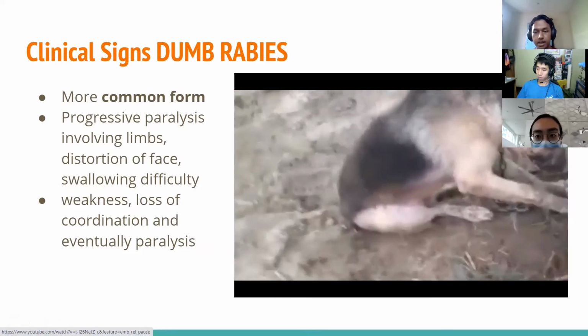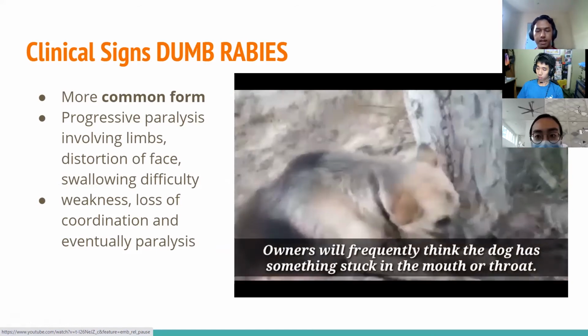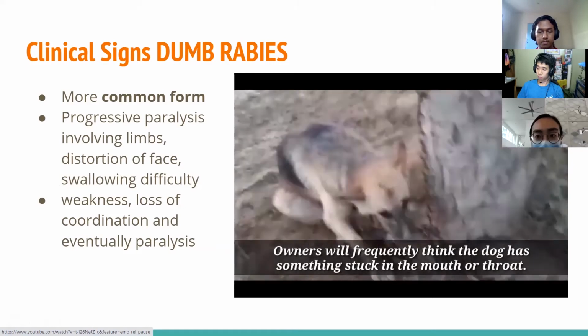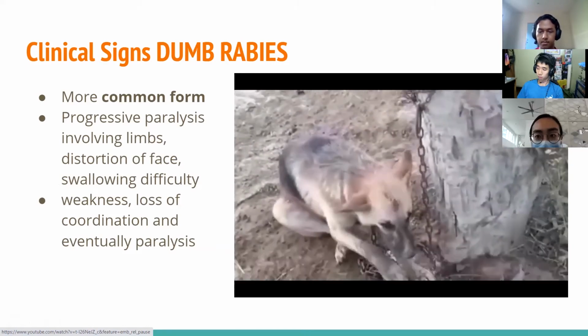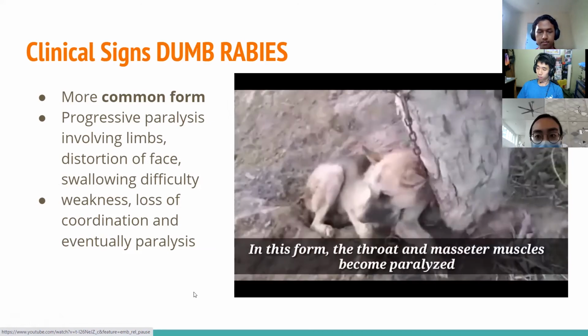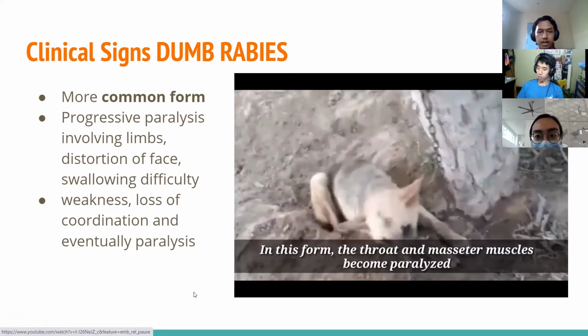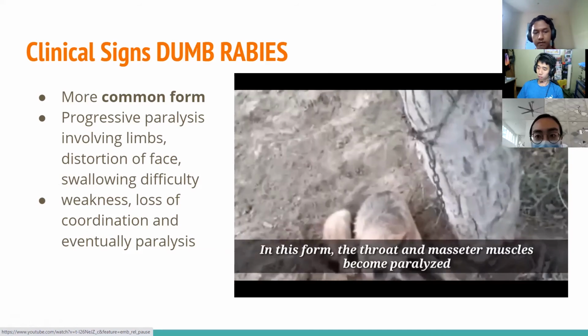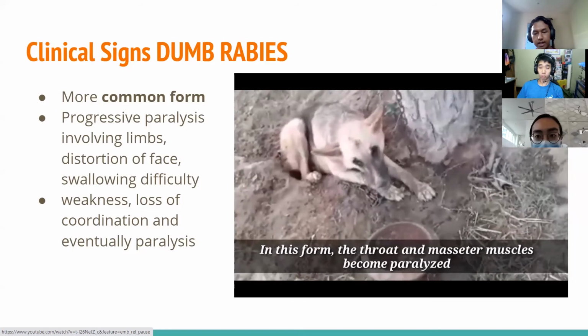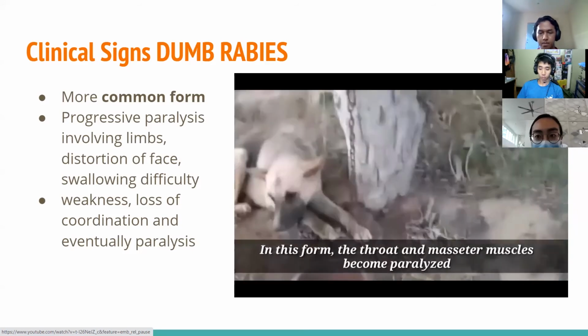This is due to paralysis of the masseter muscle. This dumb rabies form will eventually cause a loss of coordination that leads to paralysis.